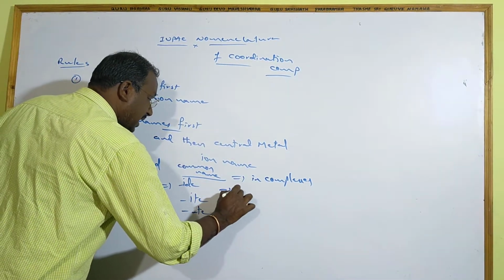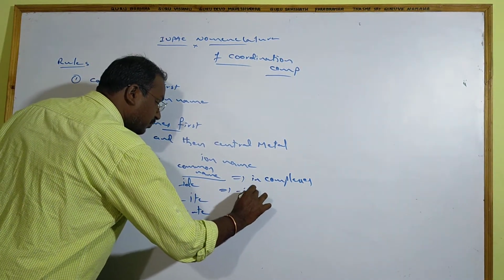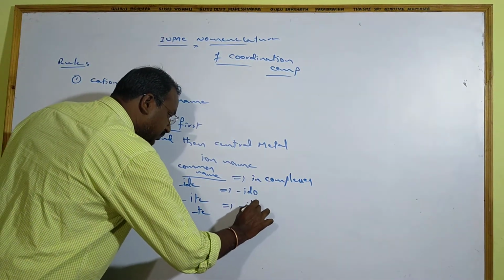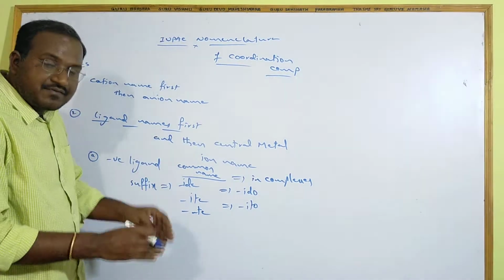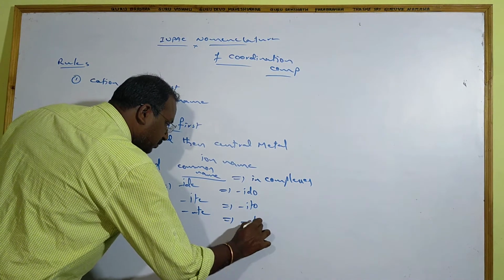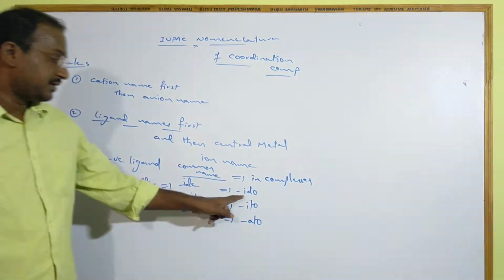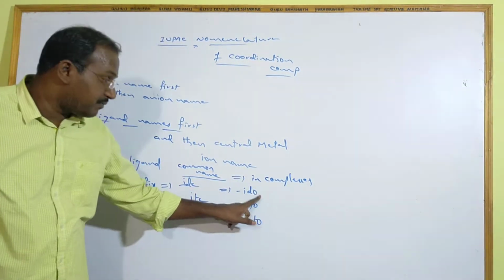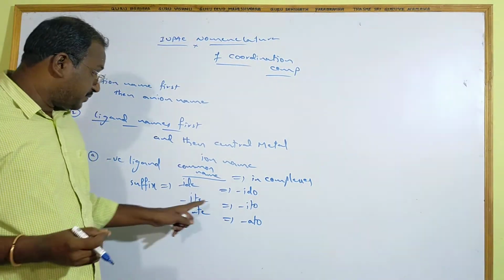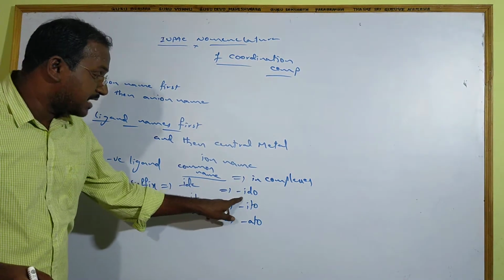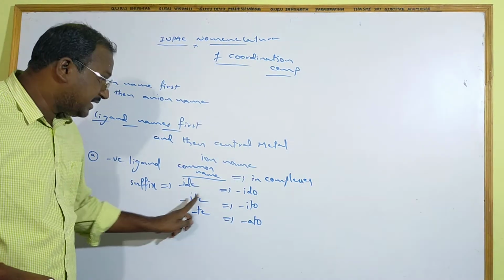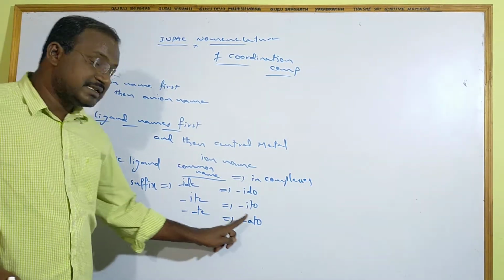Ide becomes ido. At the place of the final e, we have to write o. Ate becomes ato. Like that, we write the negative ligands in complexes. If the ligand is negative, compulsorily the suffix changes: ide becomes ido, ite becomes ito, ate becomes ato.